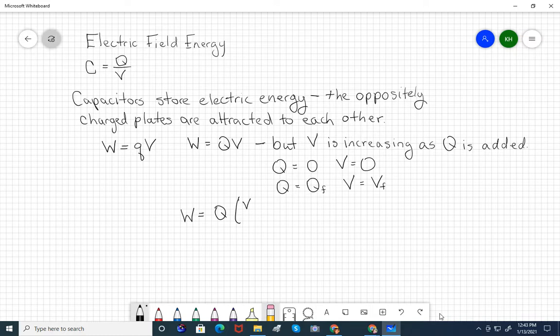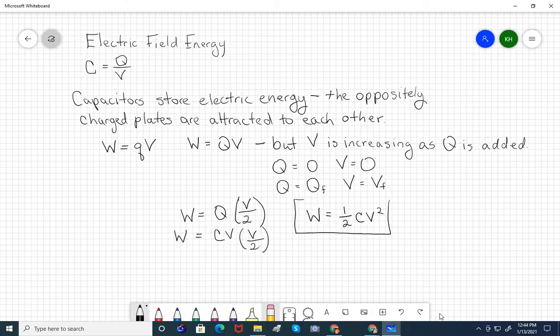We're going to call that V over 2. We also know that the charge is going to be equal to the product of C times V. So I end up with a formula that says the work done in charging a capacitor is 1/2 CV squared.